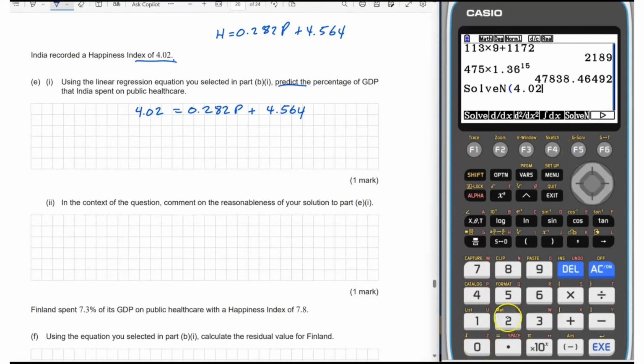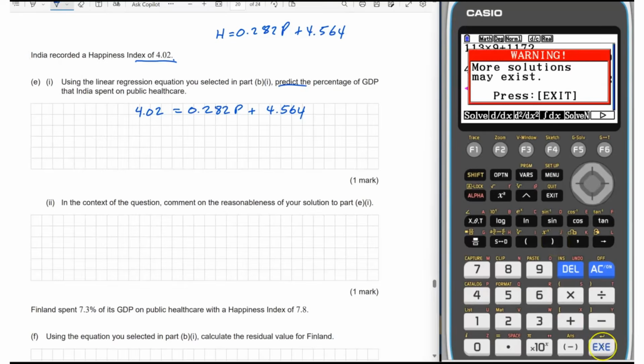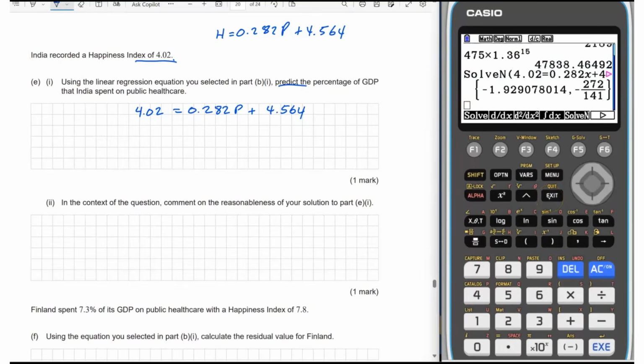I'm just going to type this in. So 4.02, the equal is where the decimal point is, 0.282x plus 4.564. Okay, let's see what we get. That's not what I want, but it is that first number there. It's got it as a decimal and a fraction.